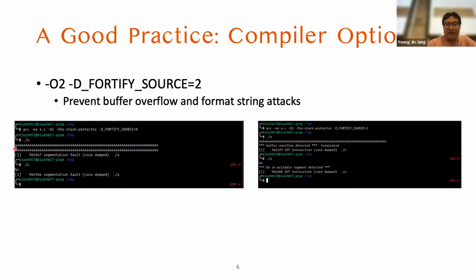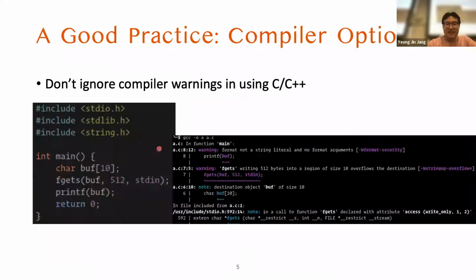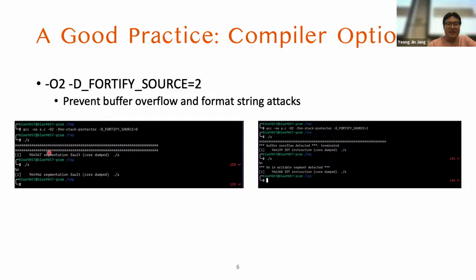If I fill in more than 10 characters, it will overflow the buffer here, resulting in a segmentation fault, just a crash. If you carefully design your payload, you can change the return address and run any other program. And then if I run ./a and put %n.